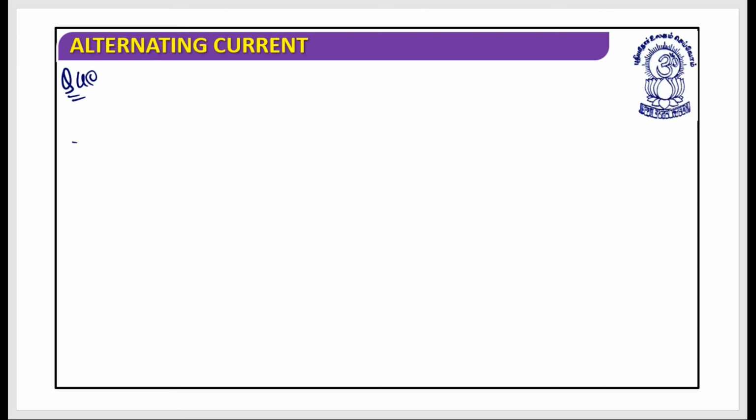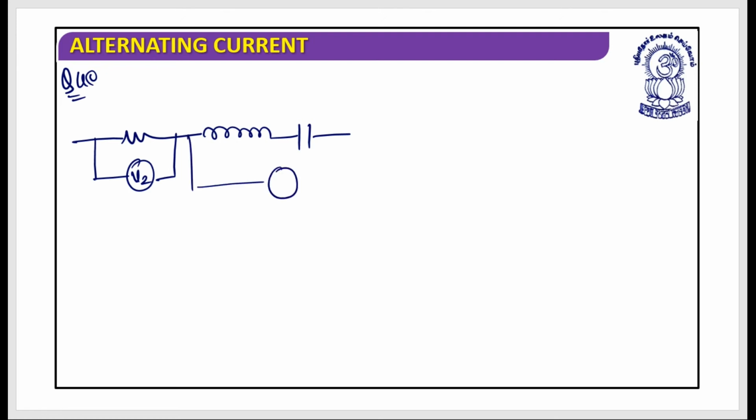Let's suppose I have been given a circuit in which a resistor is there, an inductor is there, and a capacitor is there, and with the resistance a voltmeter has been connected. Let's call this voltmeter V2, and with the inductor and capacitor another voltmeter is connected.